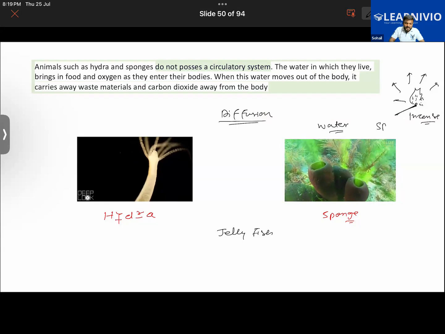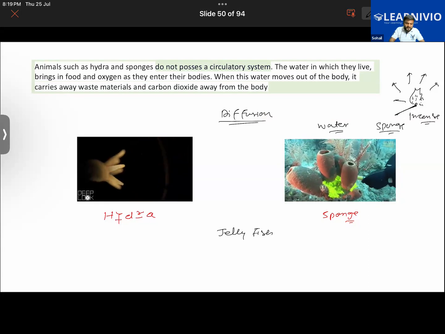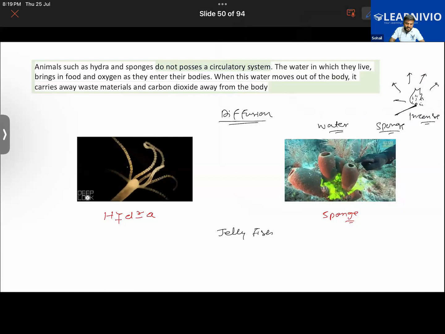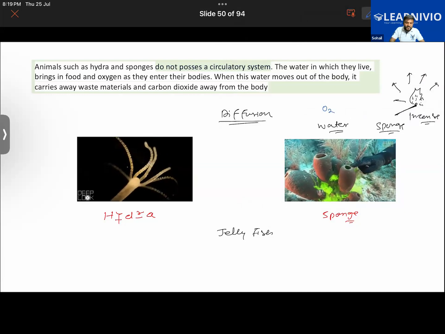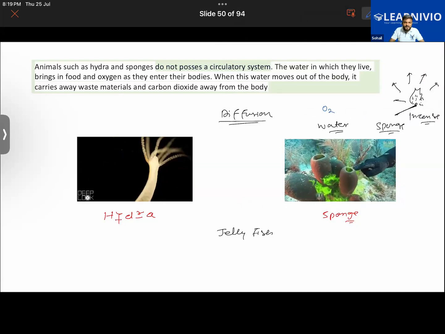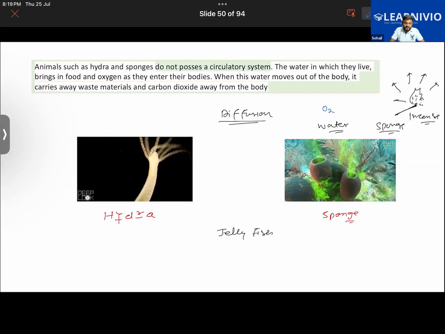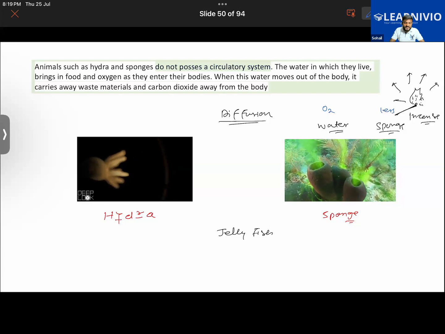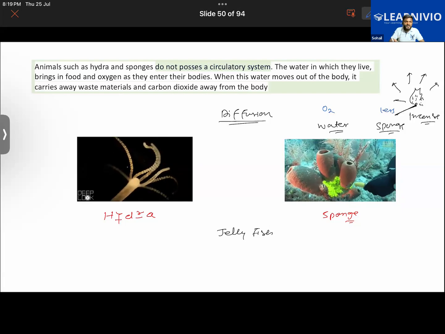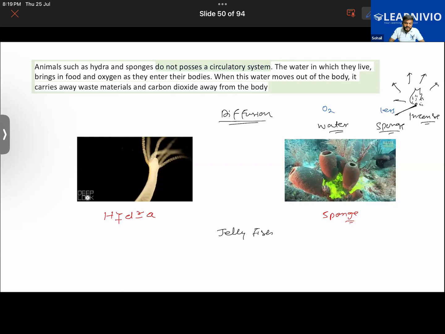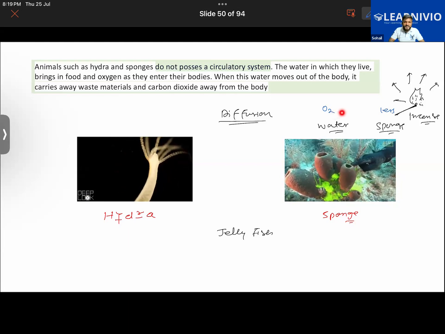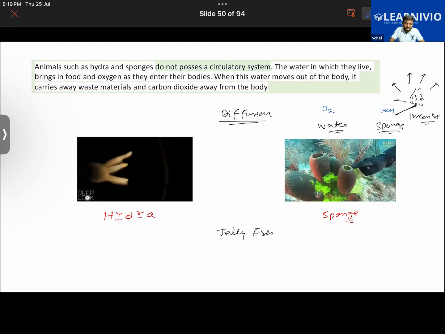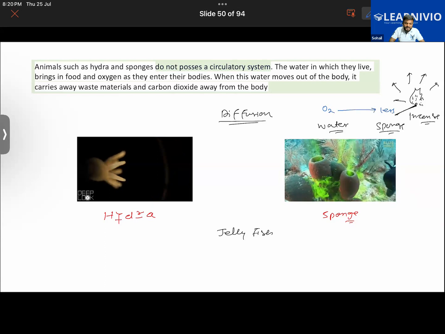Which one of them would have higher concentration of oxygen? Of course, water has much more dissolved oxygen in it. Now, there is less oxygen present in the body of the sponge, or no oxygen. So due to the difference in concentration, there would be movement of oxygen from the water into the sponge.